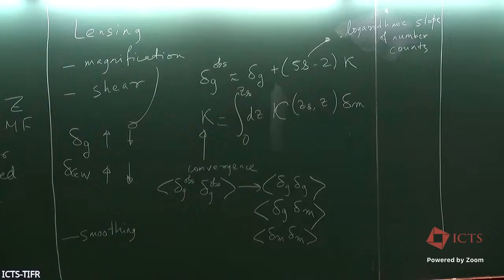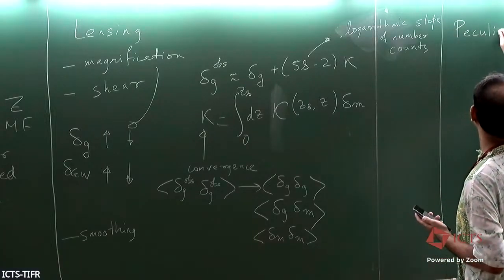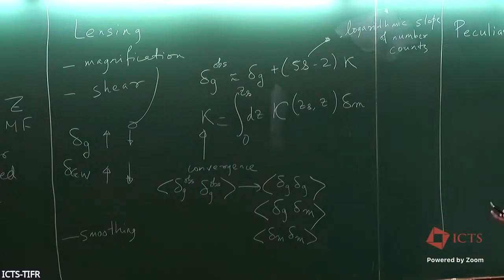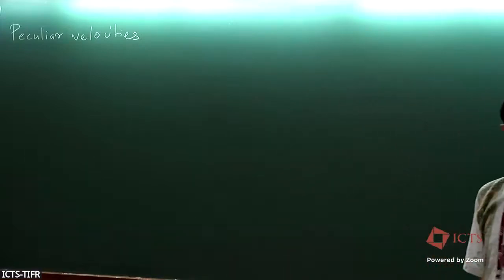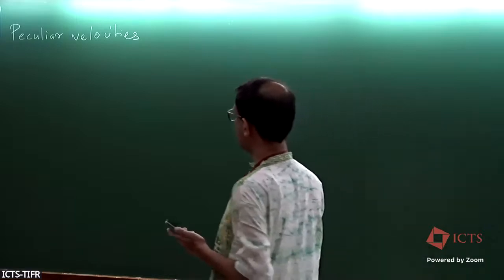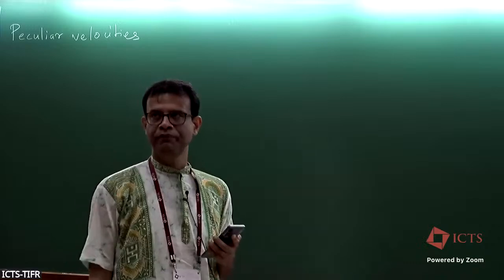The next which I want to talk about are peculiar velocities. Till now, while doing the linear perturbation theory, we did talk about velocities, but after that, when we were doing correlation function and other things, I never mentioned velocities. Peculiar velocities will basically affect your clustering measurement.